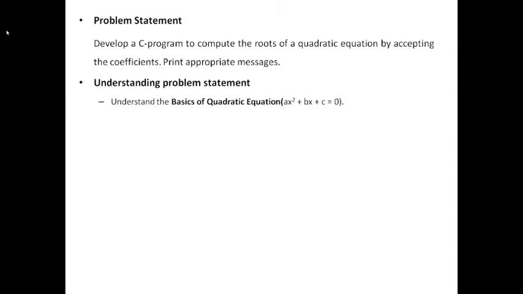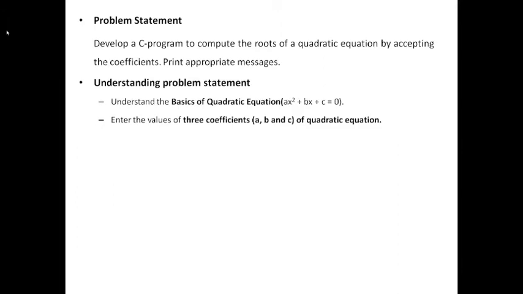First, we should understand the basics of the quadratic equation, that is ax square plus bx plus c equal to 0, and the values of the three coefficients a, b, c. Here we check whether the coefficients entered will form a quadratic equation or not, and depending upon that, decide whether the roots can be calculated.